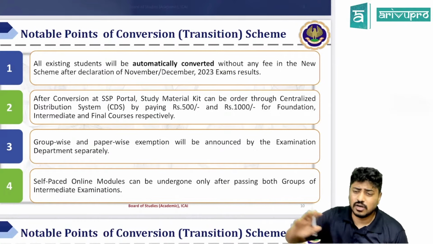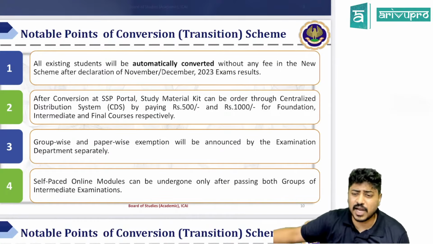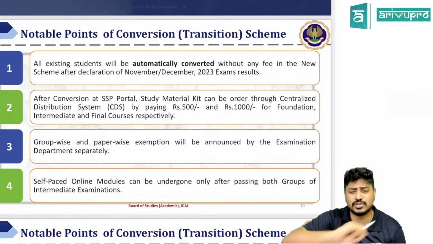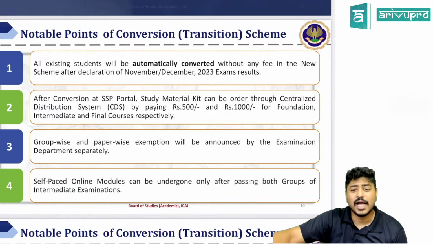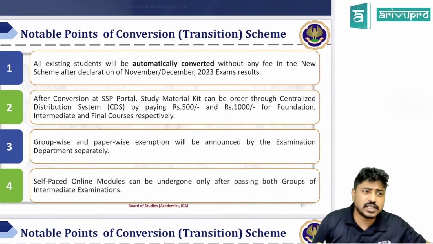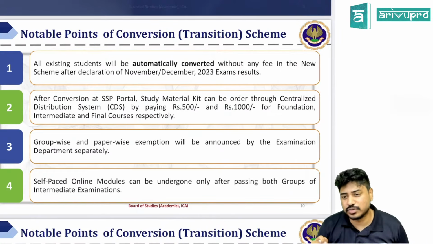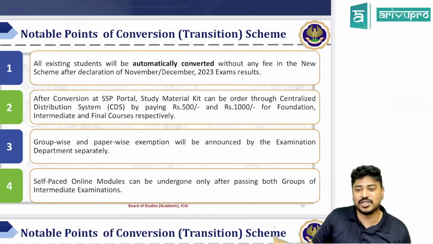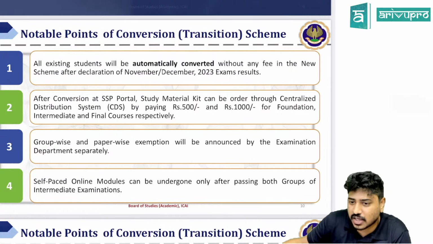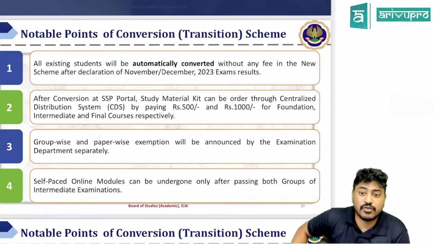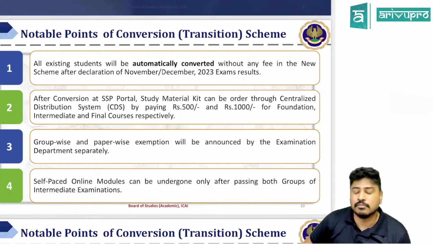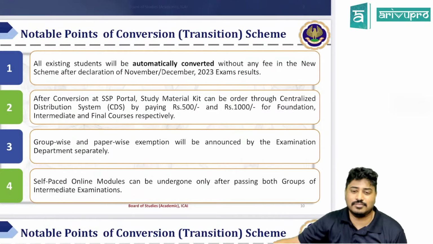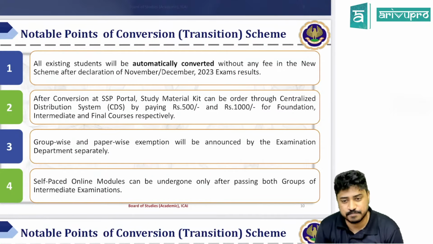Whatever you do, boss, come May 2024, you have to write the new syllabus only. Ten days back, I was getting some comments: I registered for the old syllabus itself, what syllabus am I in? Sir, you are in the new syllabus only, because you are not eligible to write the November exam. If you are not eligible to write the November exam, you are automatically converted into the new syllabus.